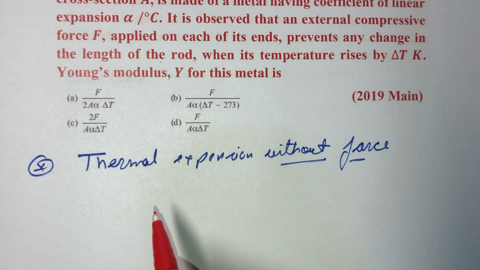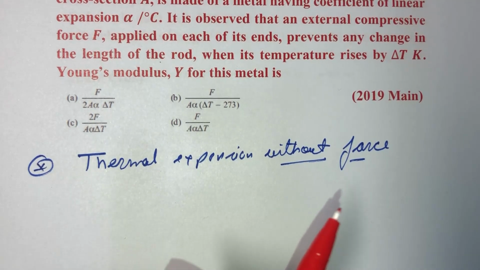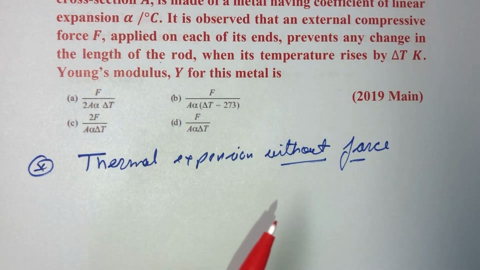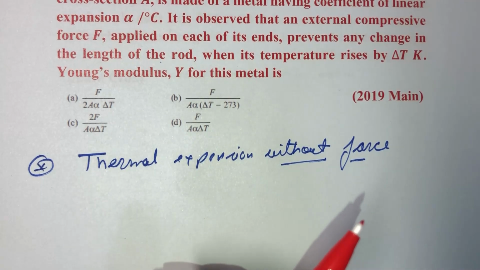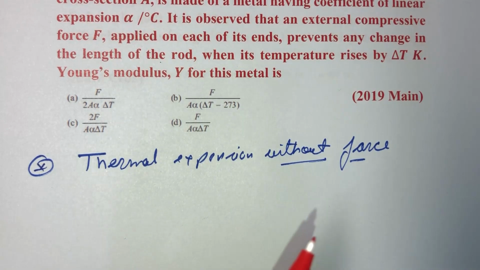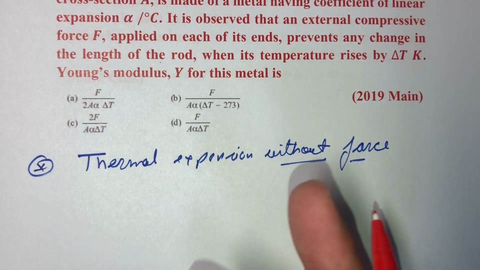So in case of no application of external force, the change in length due to the thermal expansion with the increase in temperature is given as delta L, and delta L is equal to alpha multiplied by L and delta T, where L is the original length and delta T is the rise in temperature.